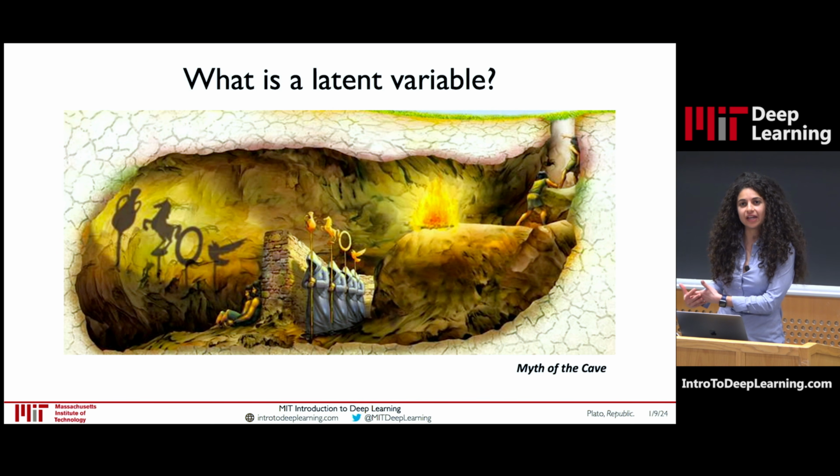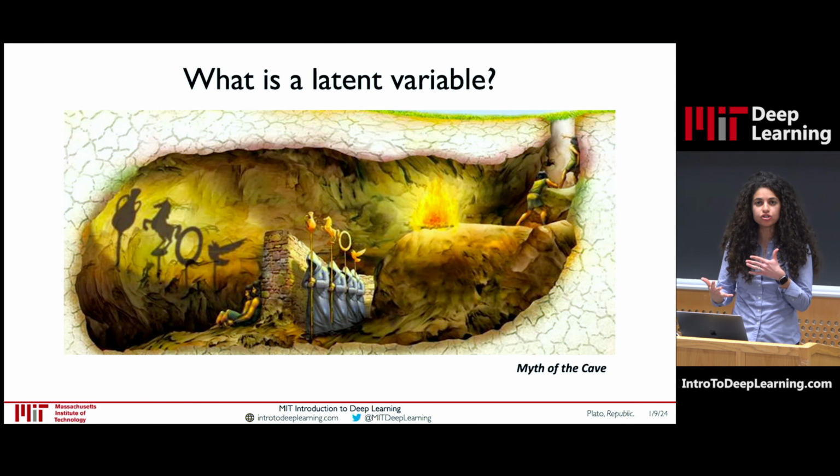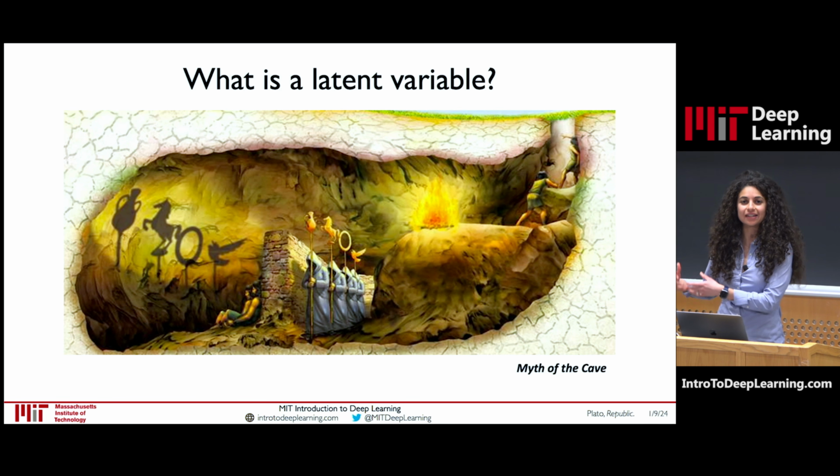But we know that in truth, there's actually something behind them that is what is casting the shadow that the prisoners observe. And this is this notion of what is an observed variable, the shadows, and what is a latent variable, something that's hidden, something that's underlying and actually driving the structure of the problem.